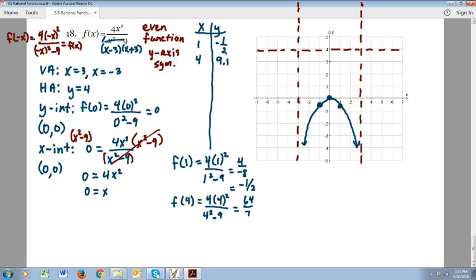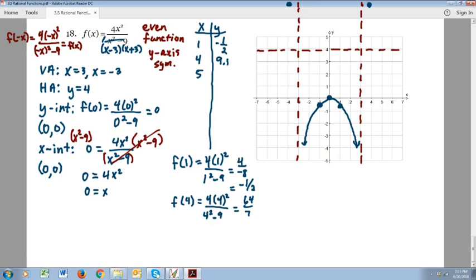We'll just approximate where 9 would be. So I'm just going to go ahead and put it right there. So at 4, we're up about 9. And again, we can use symmetry to put a point on the opposite side of the y-axis. So there'll be a point at negative 4, 9.1 as well.